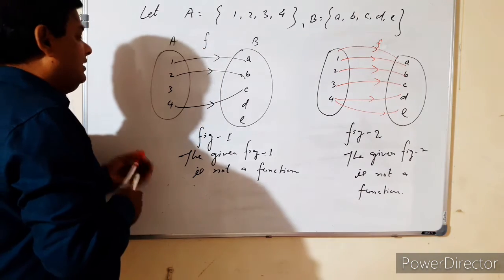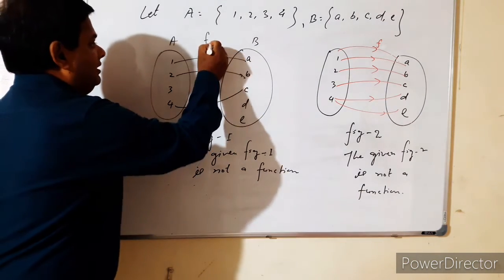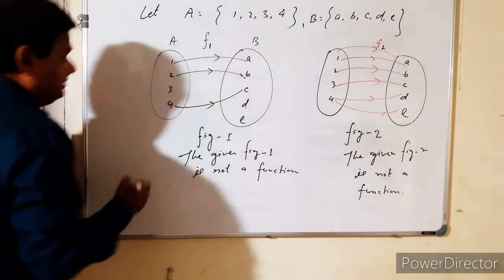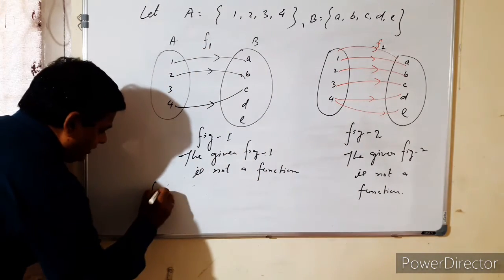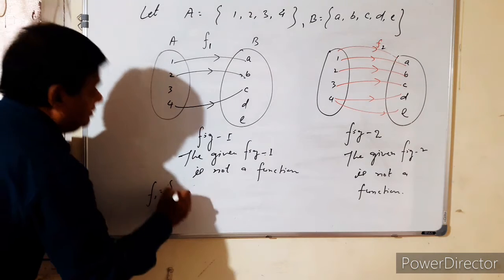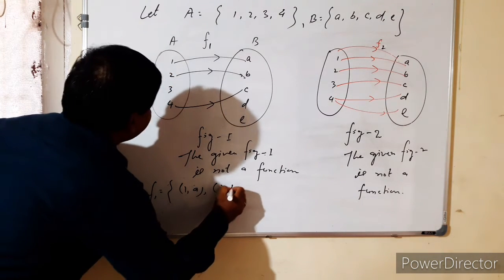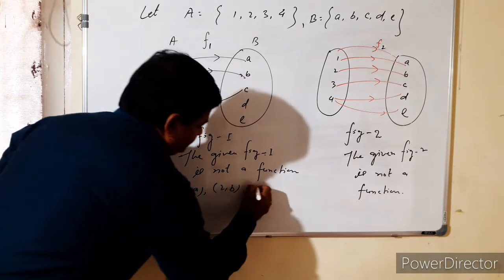Suppose I write here, this is f1 and this is f2. So see here, function f1 is equal to 1a, 2b, 4c.